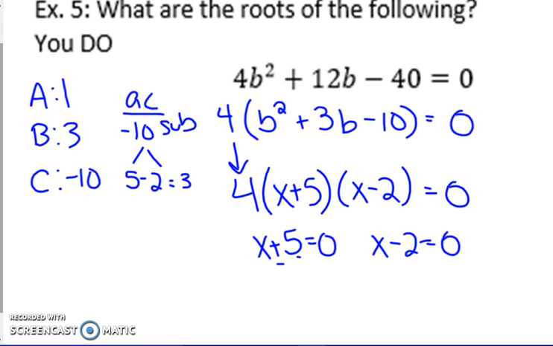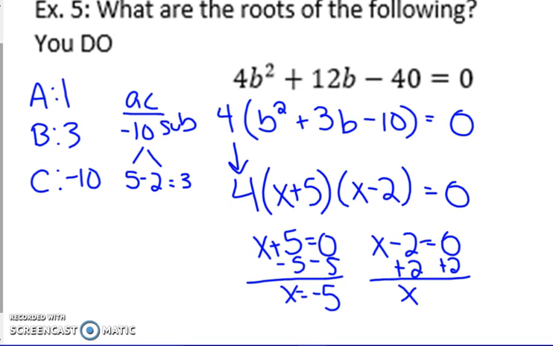From here, we're going to solve for x. I'm going to get x equals negative 5, and x equals 2. That means my roots are negative 5 and positive 2. Those are my solutions, my x-intercepts, and it's where the graph will cross the x-axis.